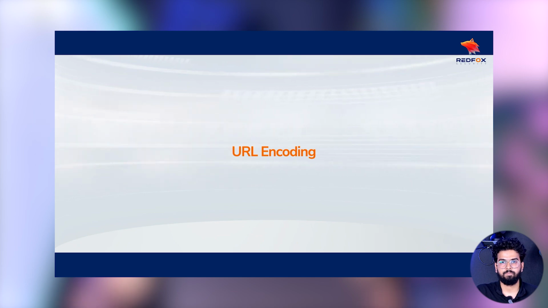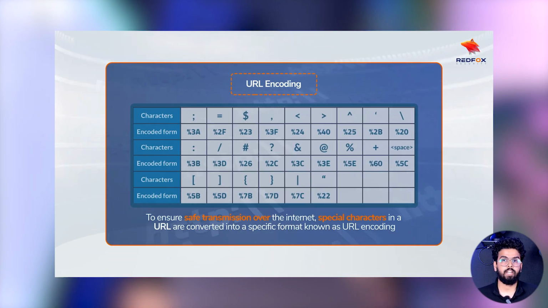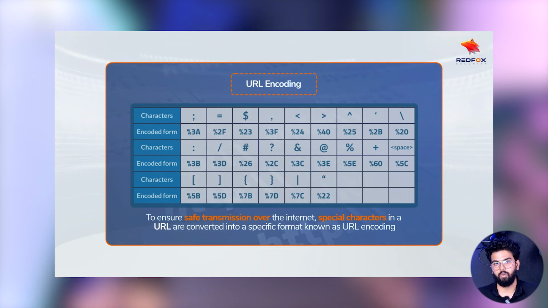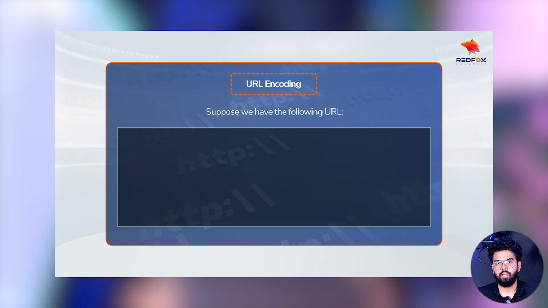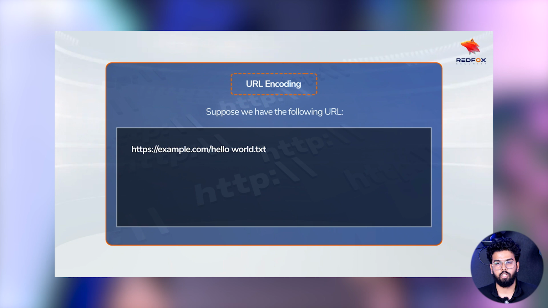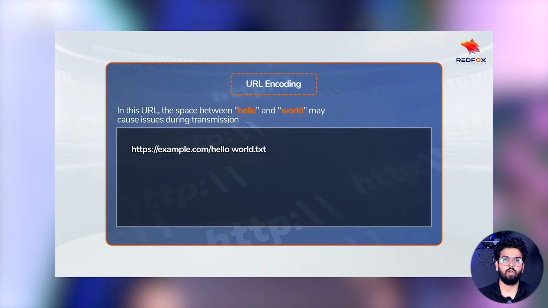URL encoding. To ensure safe transmission over the internet, special characters in a URL are converted into a specific format known as URL encoding. Suppose we have the following URL, example.com/hello world.txt. In this URL, the space between hello and world may cause issues during transmission.